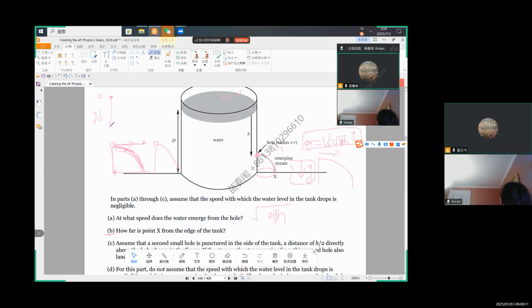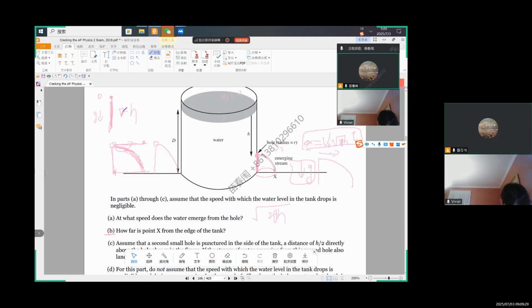And what's the height vertically? What's this height? It's d minus h. Yes, it's d minus h. So can you find the time using the big 5?